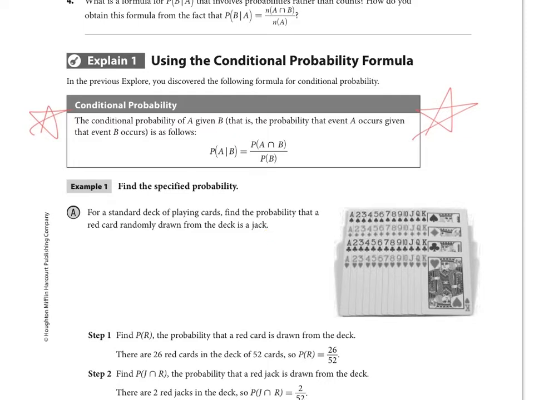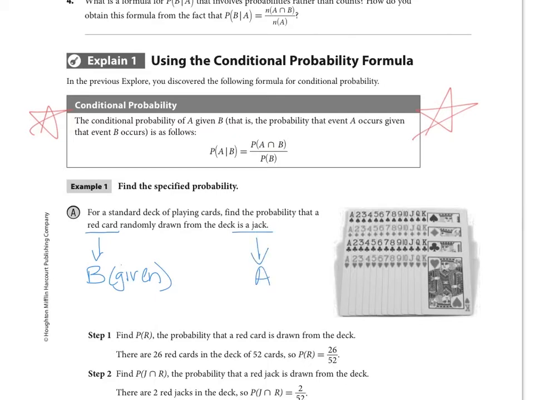The most important thing for us to identify here is what is A and what is B. What is my new thing that I'm calculating, and what thing am I assuming has already happened? I hope you can interpret that the red card creates our event B. That is our given condition. And then what I'm looking for, a jack, is my event A.